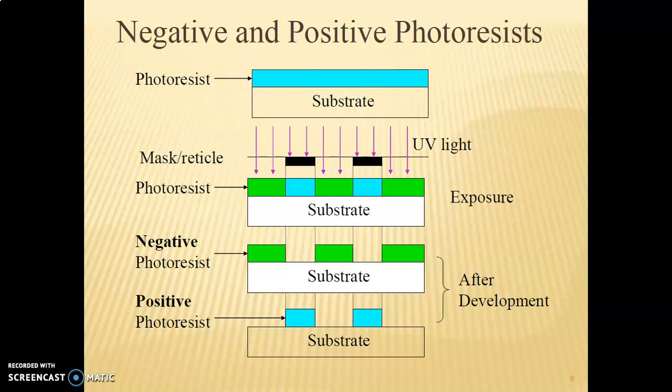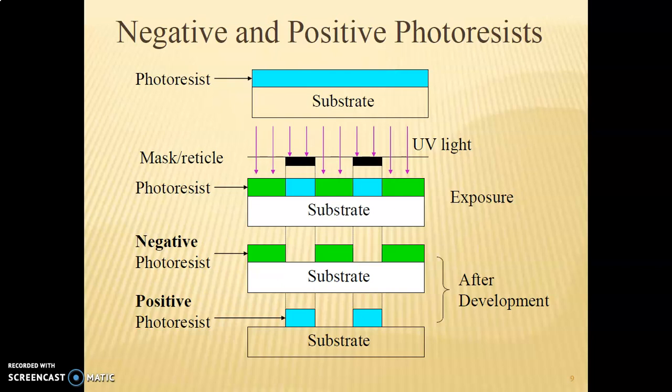We have two conditions: we can solidify the green part, or we can solidify the blue part. It depends on whether it is negative or positive photoresist.